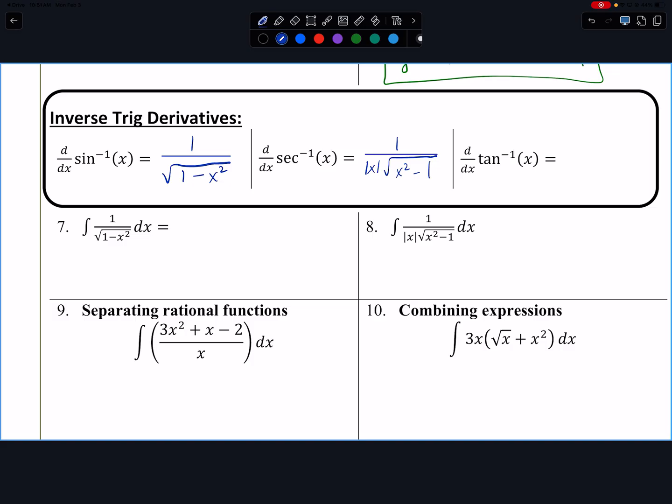The derivative of tangent inverse is 1 over 1 plus x squared. So, trust me, if you're going to know any of them by heart, you must know these two.